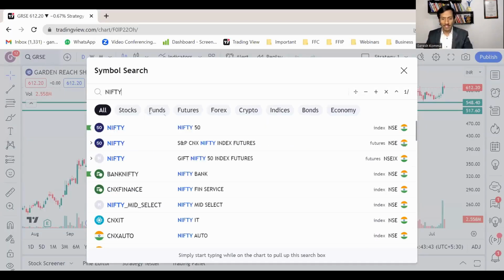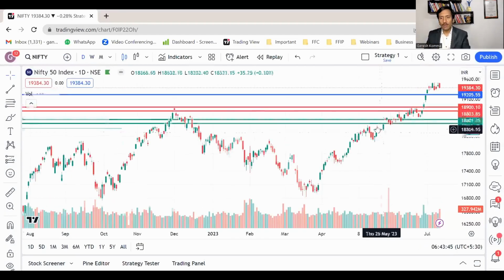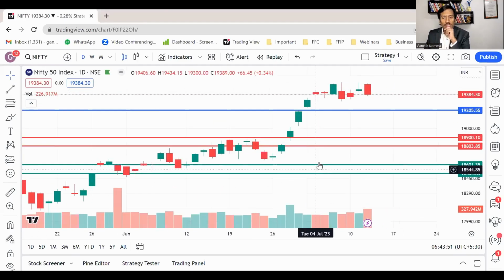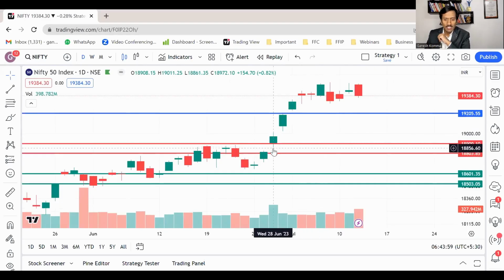Let me take Nifty 50 first. At the present levels, Nifty is bullish. In the last couple of sessions, Nifty is advancing.